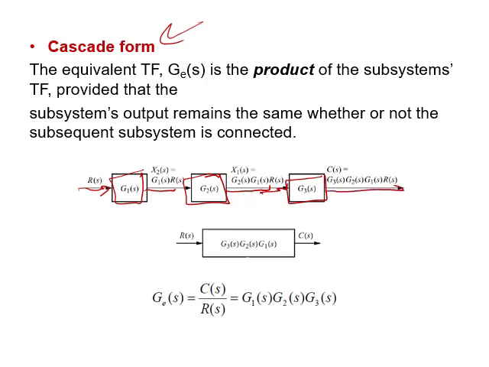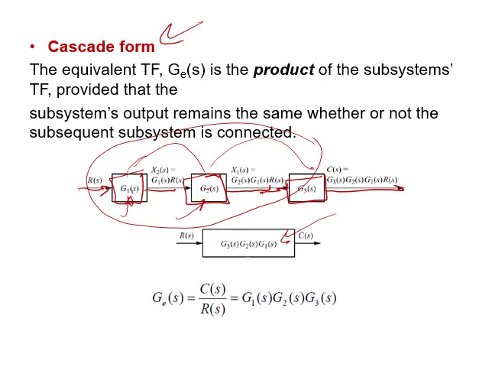And instead of having them cascaded one after the other, we are going to reduce this arrangement to be in one block. So the result of this block is going to be the product of the three blocks. Like if this is G1, this is G2, this is G3, we are going to put here G1 multiplied by G2 multiplied by G3 as I'm showing here.